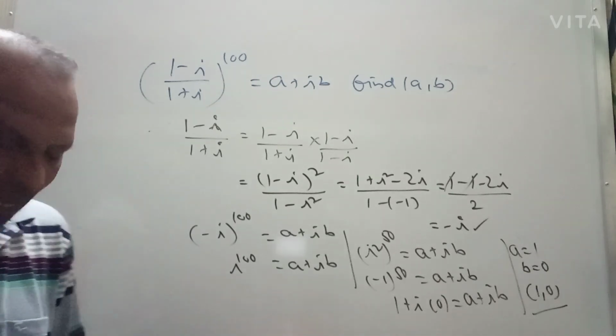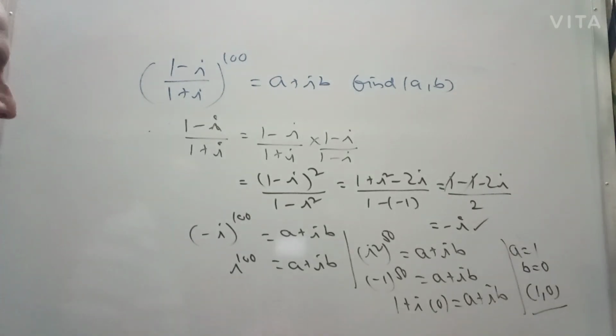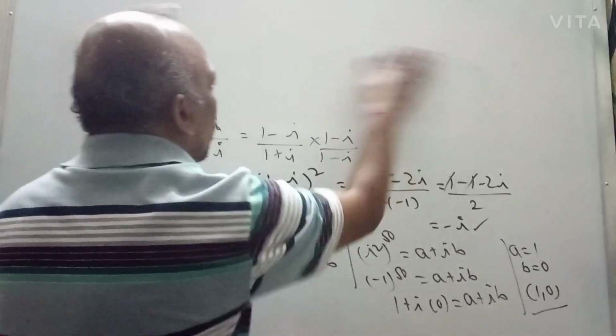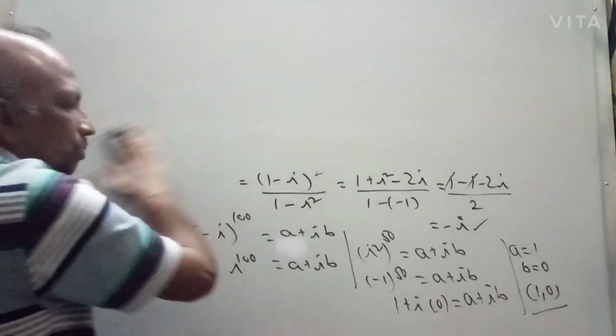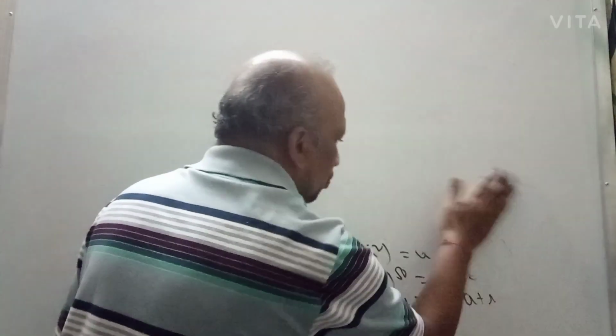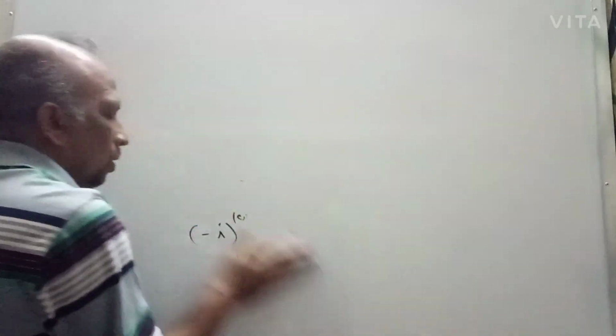Another one, if a is equal to cos theta plus i sin theta. So the next problem, if a is equal to cos theta plus i sin theta, find the value of 1 plus a by 1 minus a.